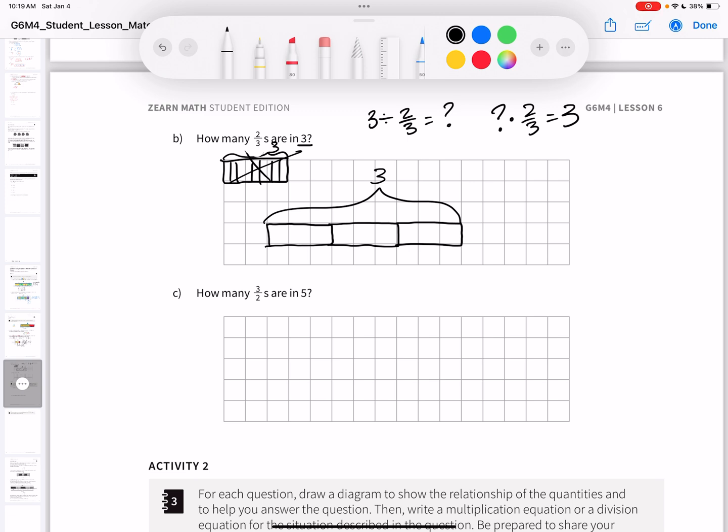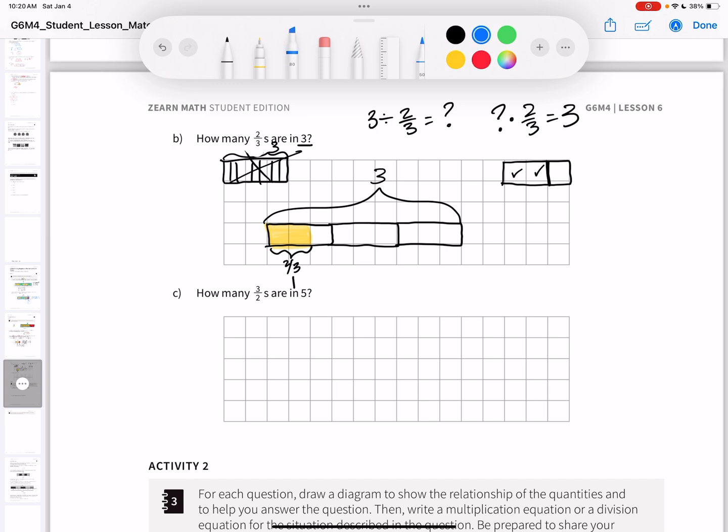That means out of our whole here of 3, 2 of those are what we're looking for. So I am going to highlight 2 of those 3, right? So this is a 2/3, which is one group.